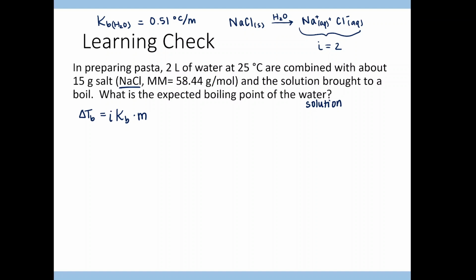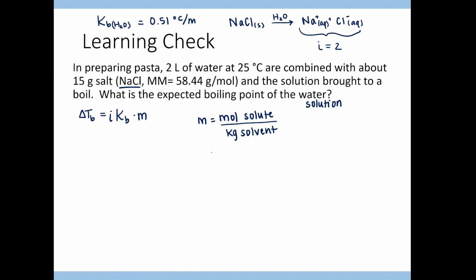So we have i, we have Kb. We're calculating the final boiling point. We need to find molality. So molality is mole solute divided by kilogram solvent. So let's find the moles of the solute and the kilograms of the solvent.